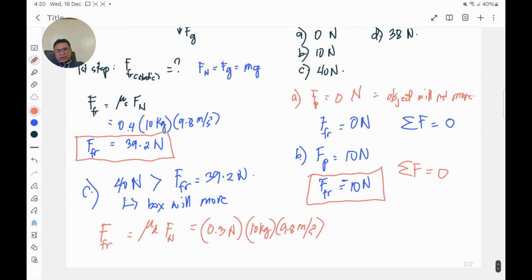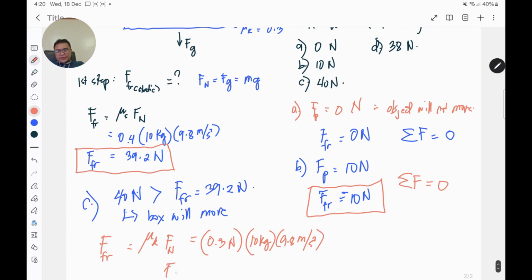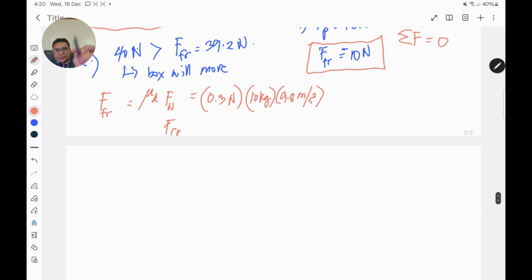So our F sub FR here should be equal to 0.3 times 9.8 times 10.